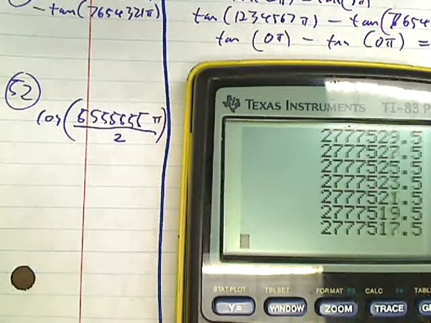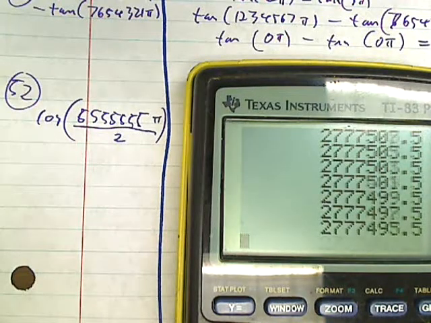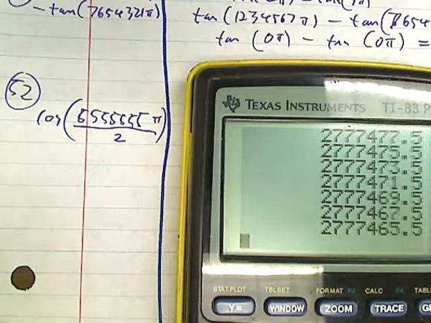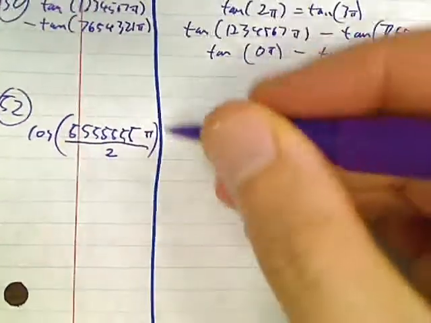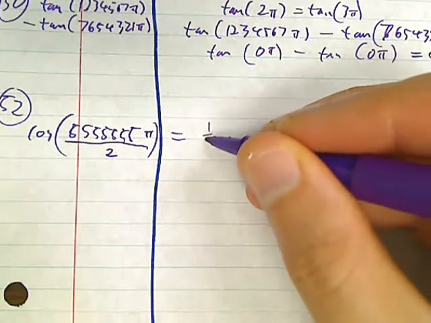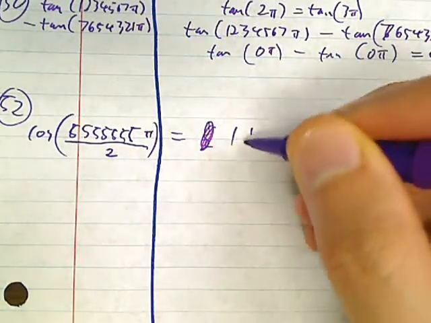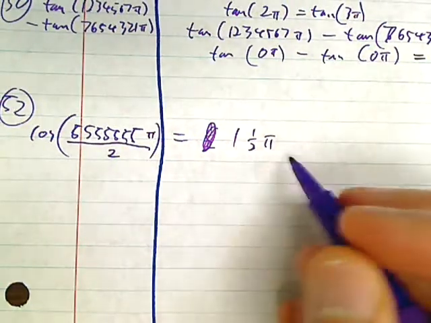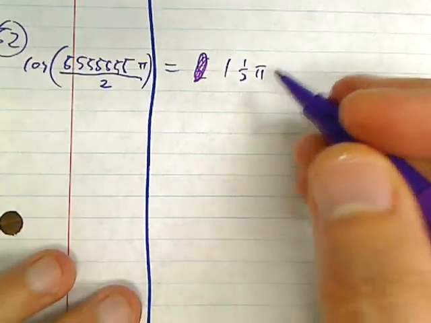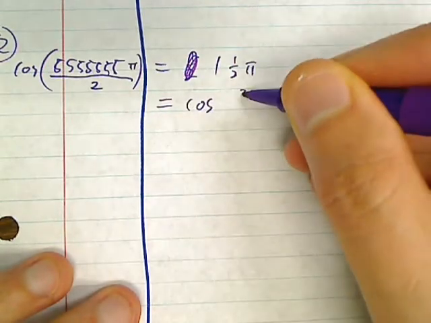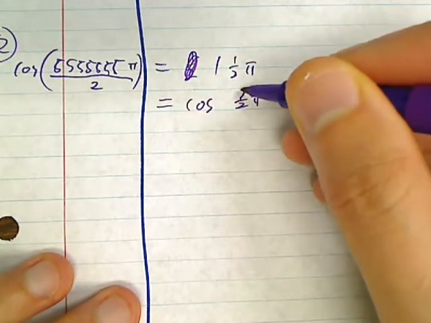That will be the very last one I got to before it became negative. So this is eventually going to equal 1.5 pi. And of course, we usually never write it this way. This is 3/2 pi. So this is equal to the cosine of 3/2 pi.